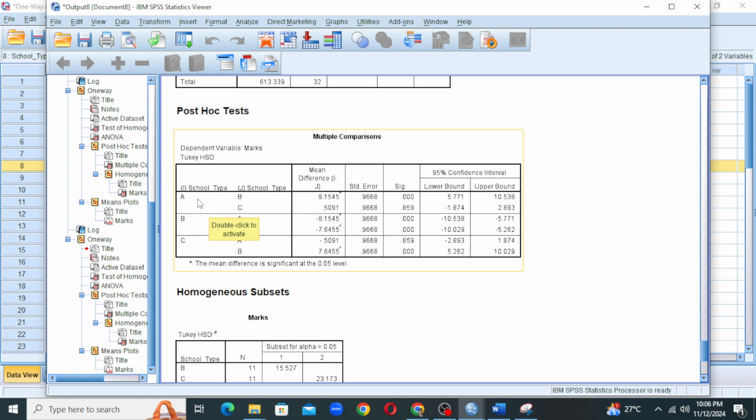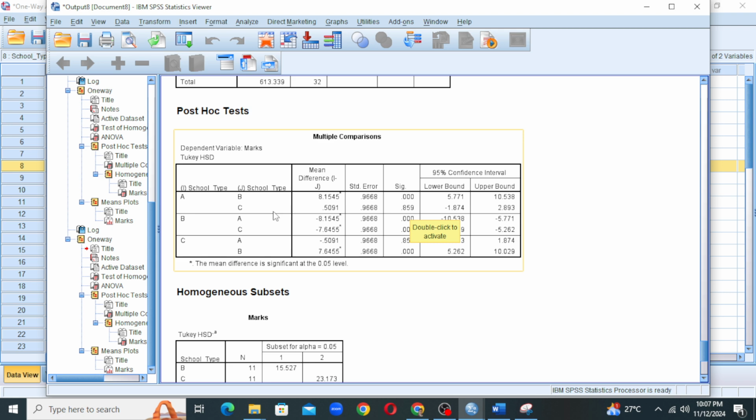and we can see that A and B is significant, meaning there are differences of means of A and B category schools for English marks, and when you take A and C, this is not significant, meaning their marks are almost the same for A and C schools.